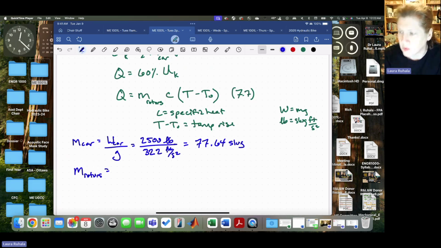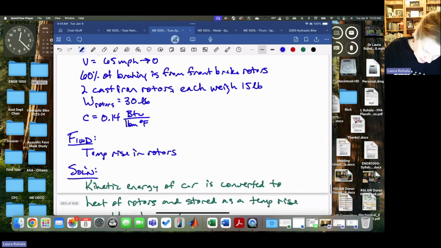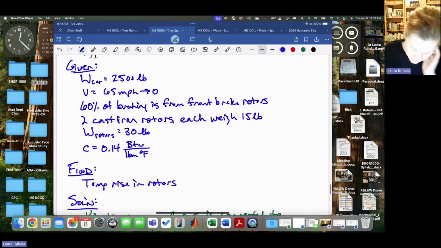So the mass of the rotors is just going to be 2 times the 15-pound mass. Okay, so they each weigh 15 pounds, which is going to be equivalent to 15-pound mass.